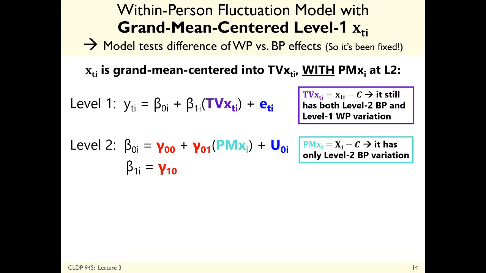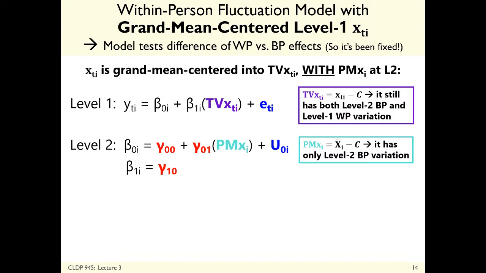Okay, so time-varying X has both between and within. Person mean X has only between. So what is unique about time-varying X? The within.